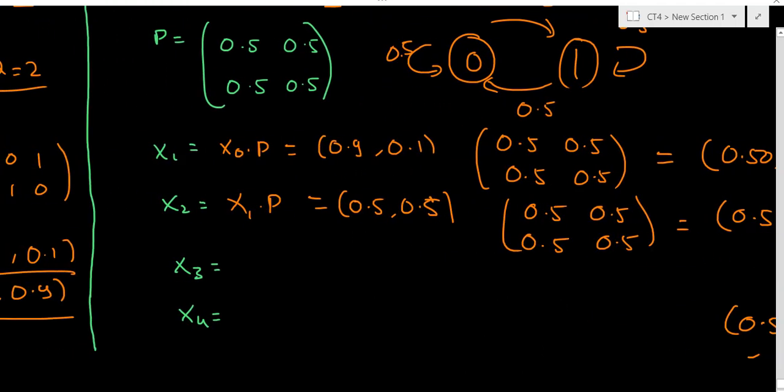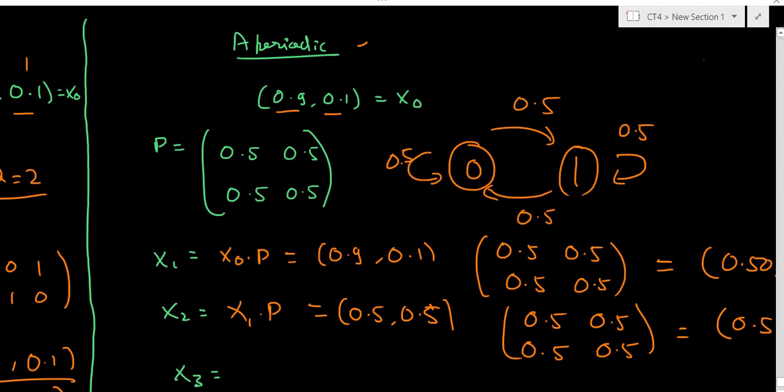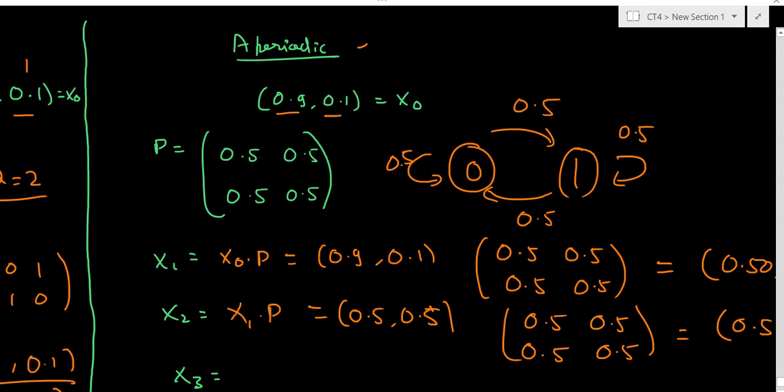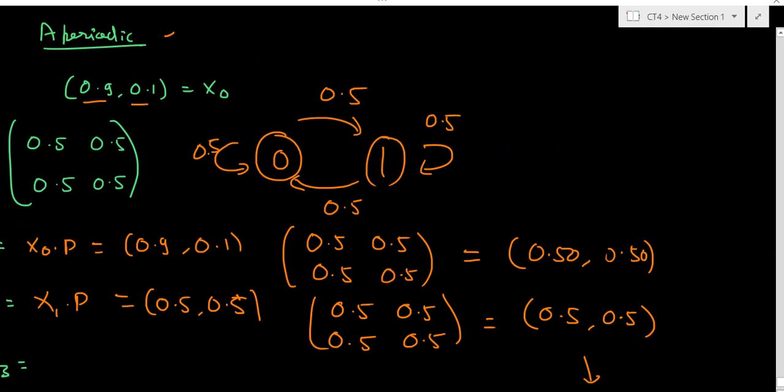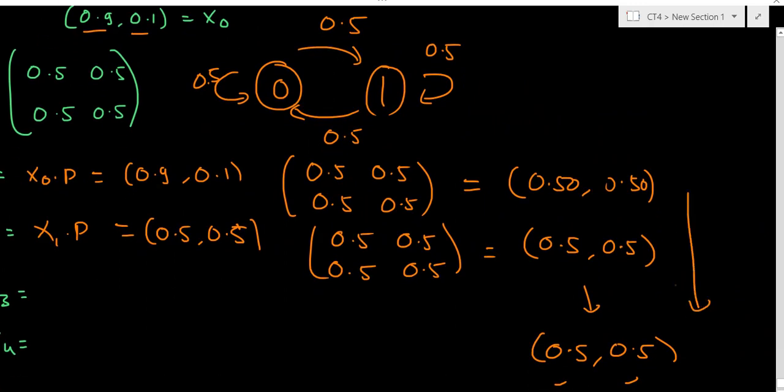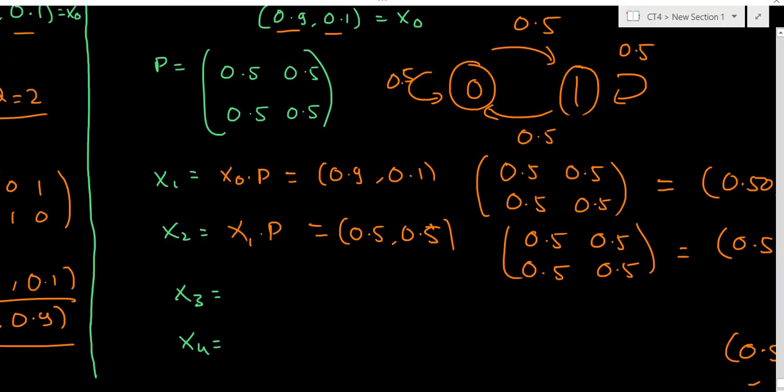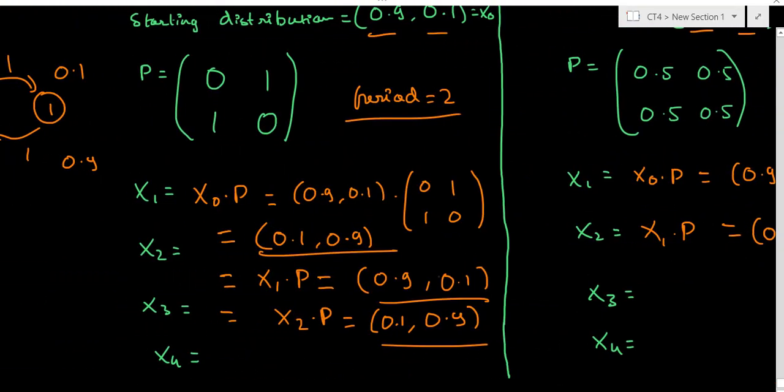And that is why I can say that for an aperiodic Markov chain, in the long run, it settles down into its stationary distribution. That is something I can conclude here. After this, the distribution will remain the same at all times, but here it's changing every time. So here it depends on the proportion of people I start with, and here it does not.